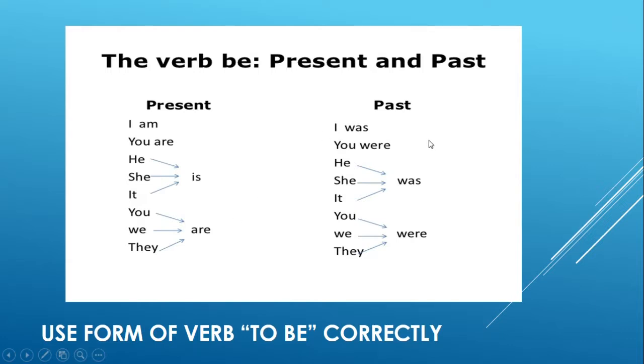Now, I was, but you were, and here, he, she, it was. A lot of times you hear on the radio, we was. You hear that all the time, we was, and that's incorrect. You can't do that. We were, they were. That's the way that you conjugate that.